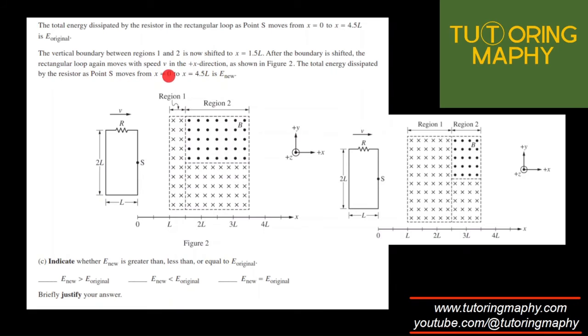The rectangular loop again moves, and the energy dissipated is now E new. Indicate whether E new is greater, less, or equal to the original energy. I think that's going to be less.